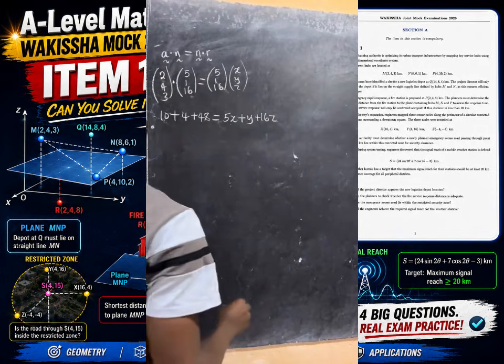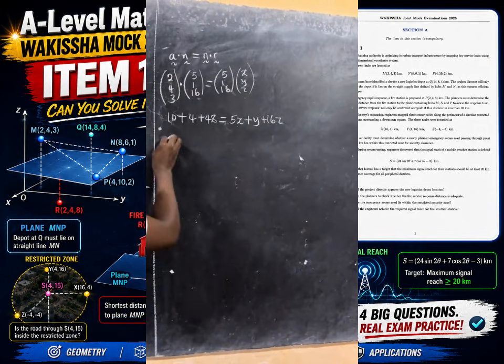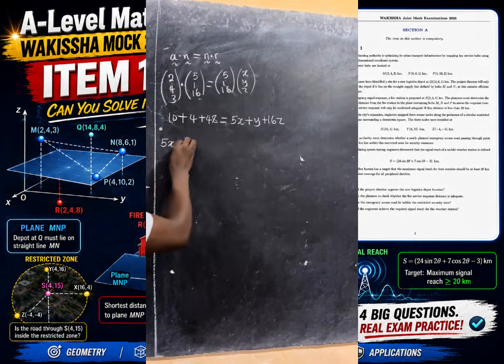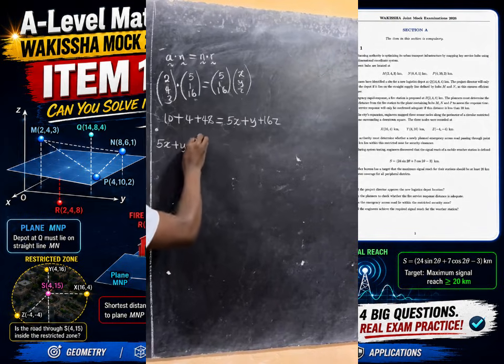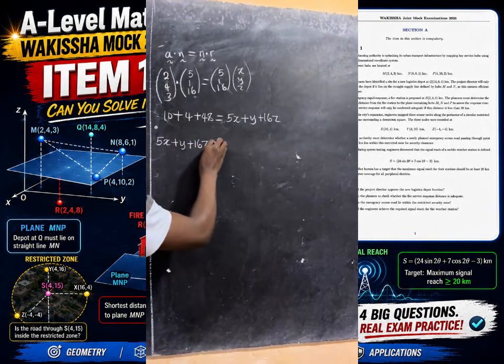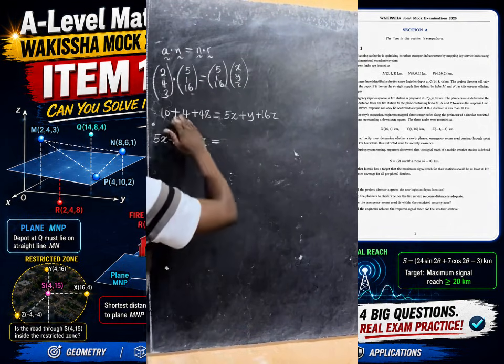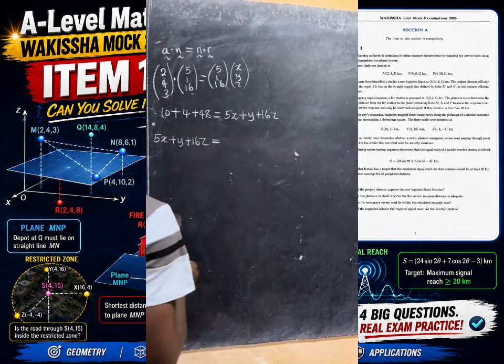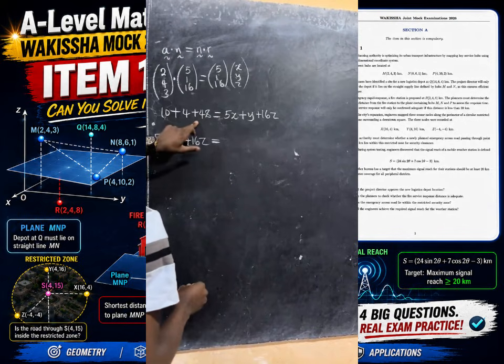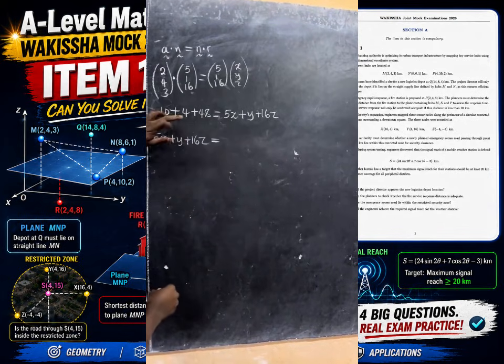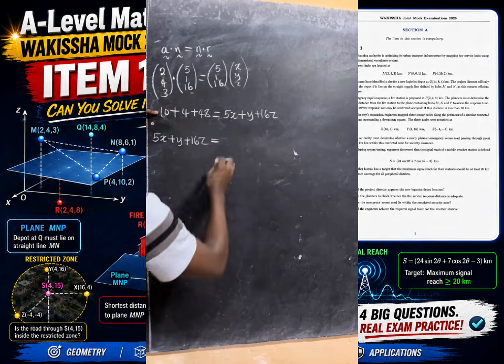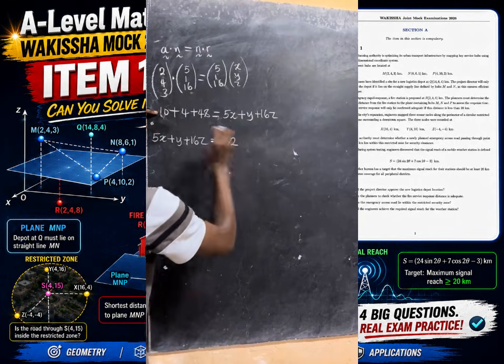When I bring everything to this side, I'll have 5x plus y plus 16z being equal to 48 plus 4, that is 52, plus 10, 62.